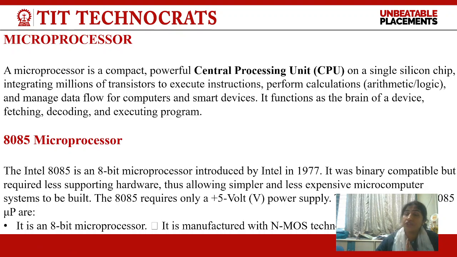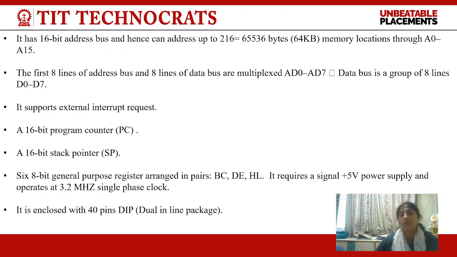In the initial days it was manufactured in NMOS technology, that is N-type MOSFET, or you can say N-channel MOSFET. The key features are that it has a 16-bit address bus and hence can address up to 2^16, that is 65536 bytes, that is 64 KB memory locations, and the addresses are from A0 to A15.